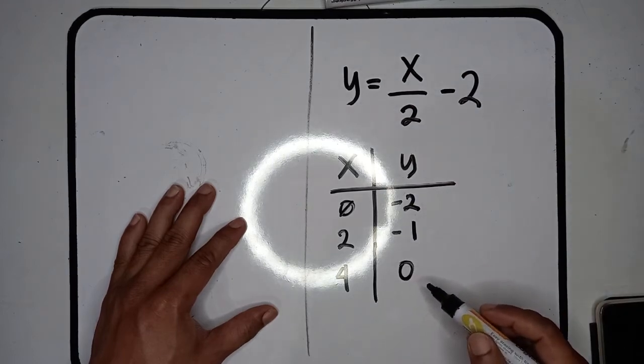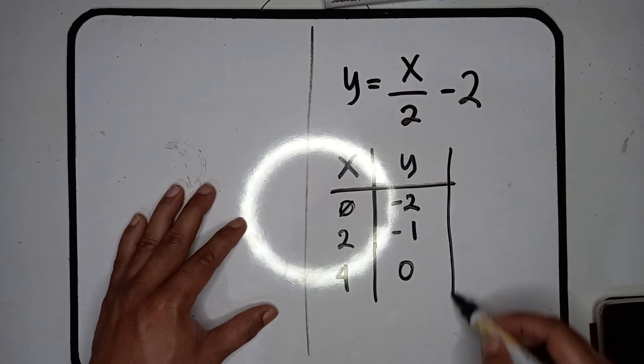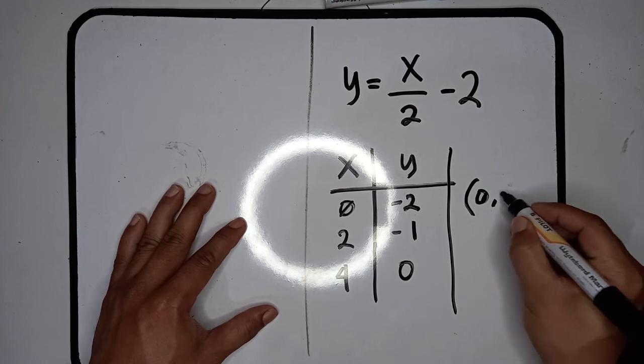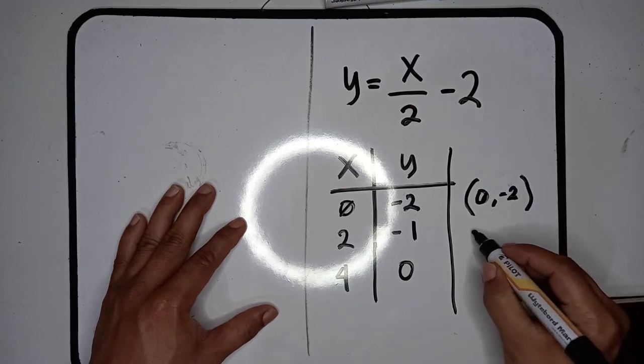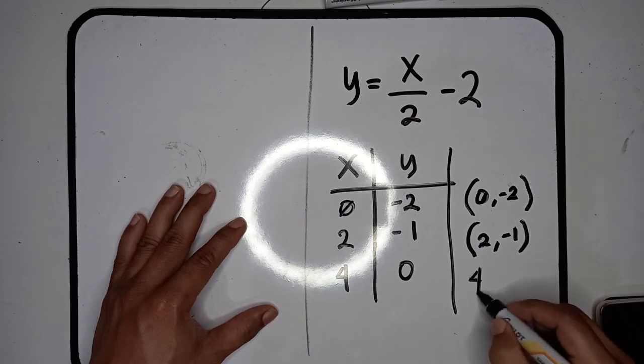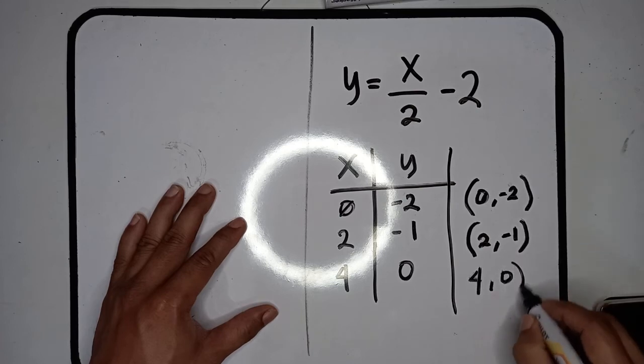Okay, so now the pairs that we have here are 0 and negative 2, 2 and negative 1, 4 and then 0.